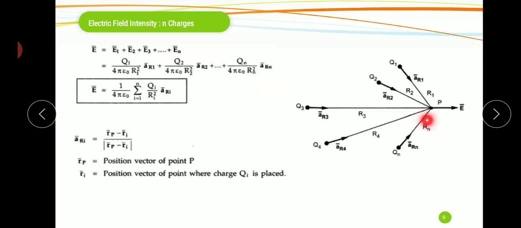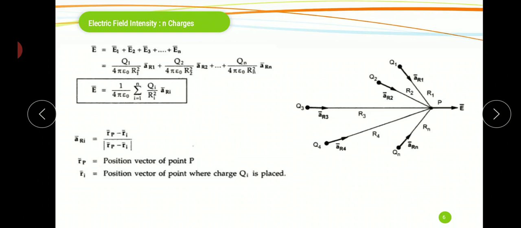Now what is the total electric field intensity at this point due to these n charges, that is q1, q2, q3, q4 and so on up to qn? Simply the sum of the electric field intensities. That means E bar equals E1 plus E2 plus E3 and so on plus En bar.